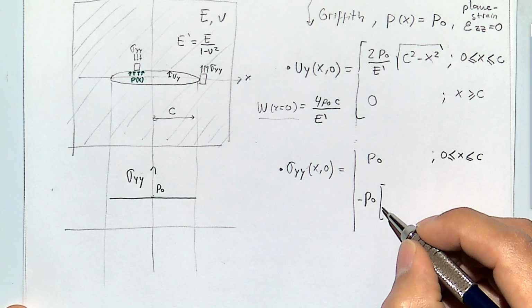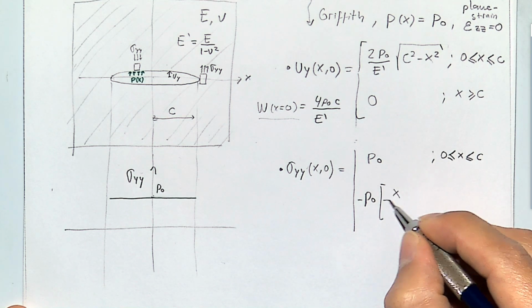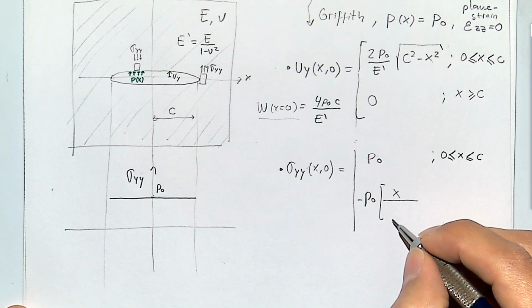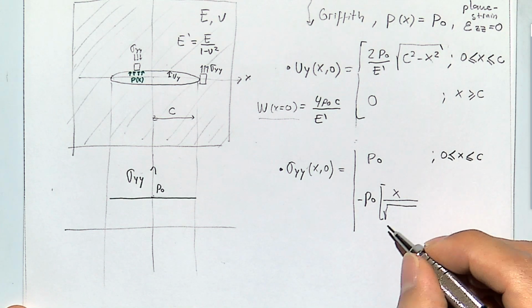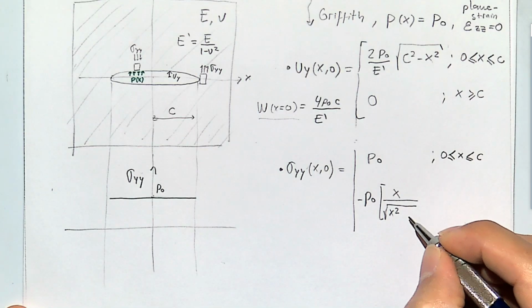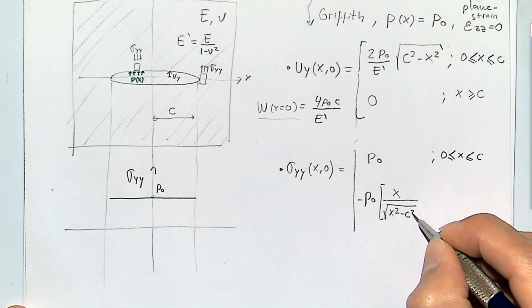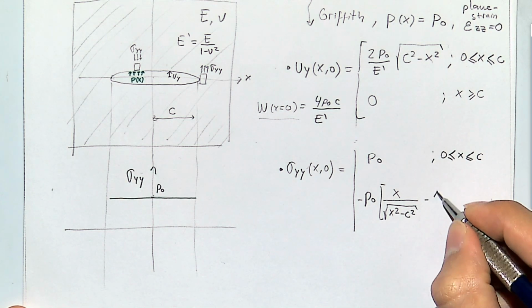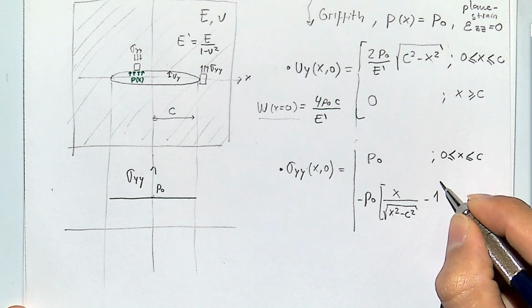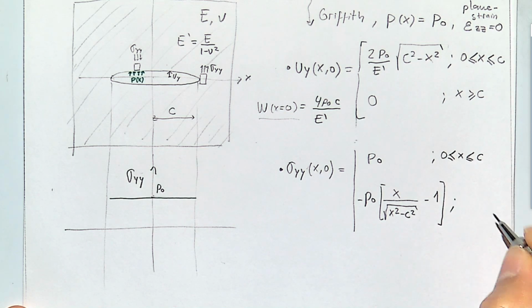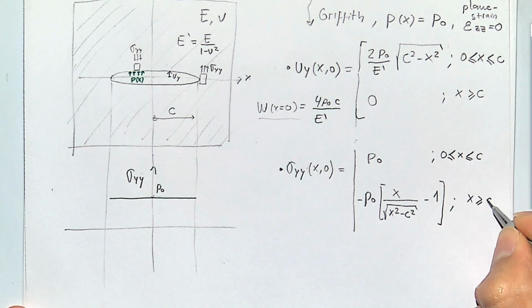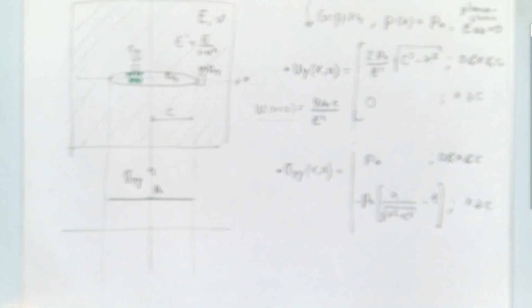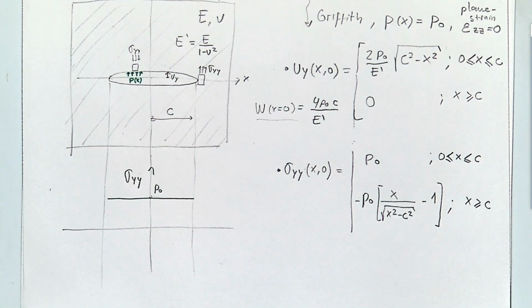So prepare for the double extra point question, okay? Probably you know what I'm going to ask. And this is a solution for x equal or larger than c. So beyond the tip of the fracture.